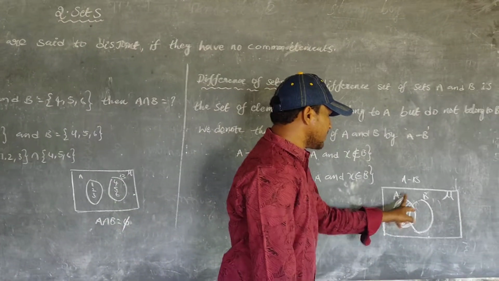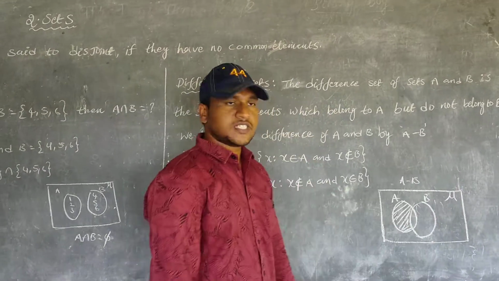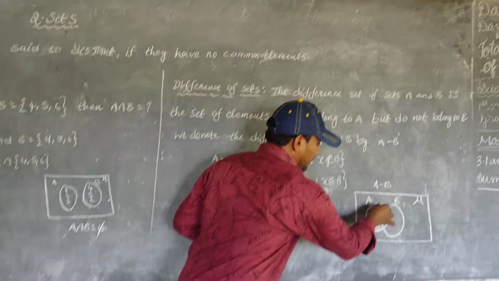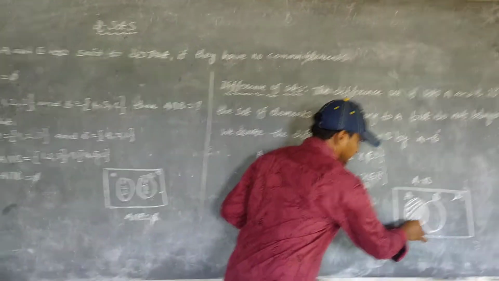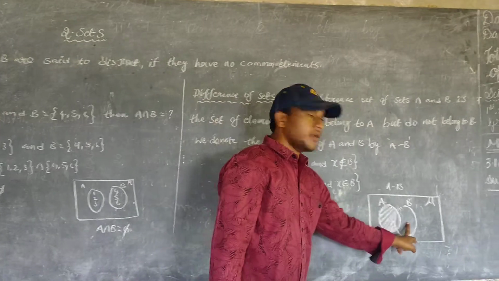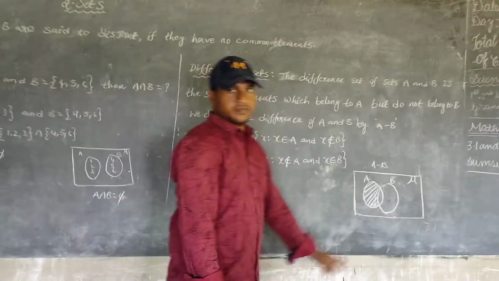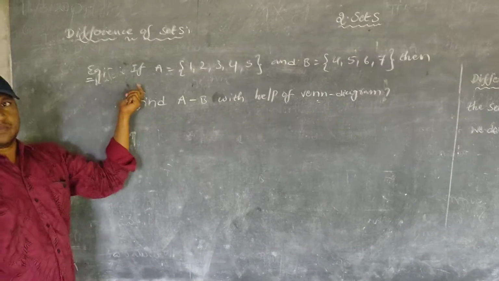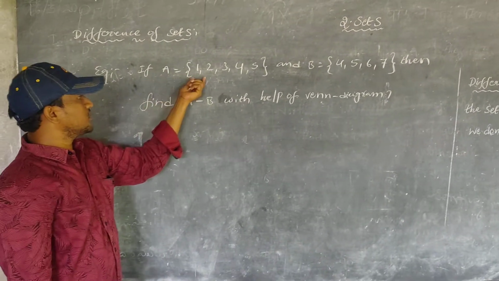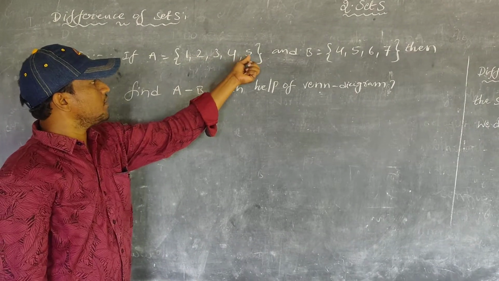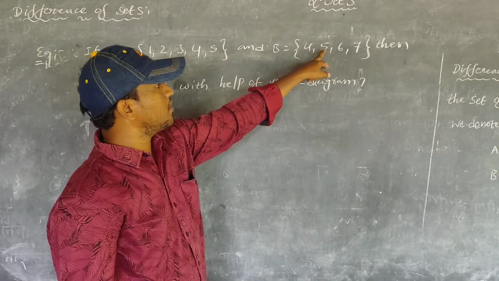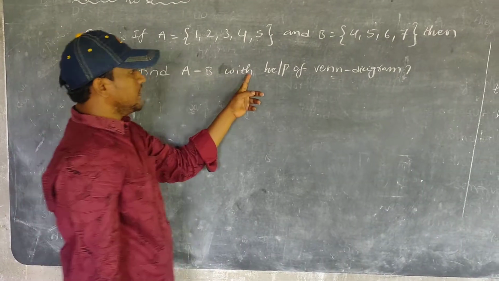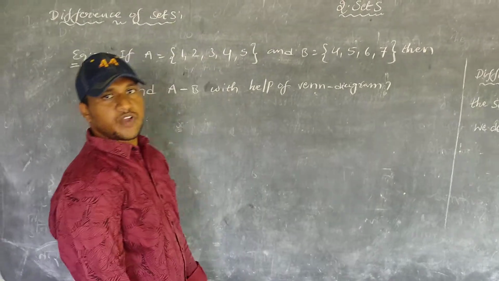Suppose set A and set B are given. The universal set is represented with a rectangle. The region shaded is the part which belongs to A but does not belong to B. Now an example of difference of sets: if A is equal to {1, 2, 3, 4, 5} and B is equal to {4, 5, 6, 7}, then find A minus B with the help of a Venn diagram. How can you find it?